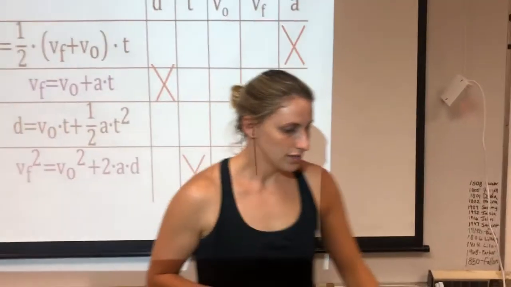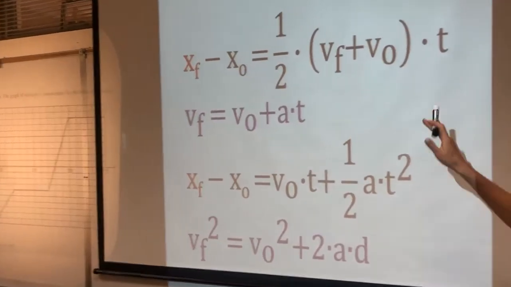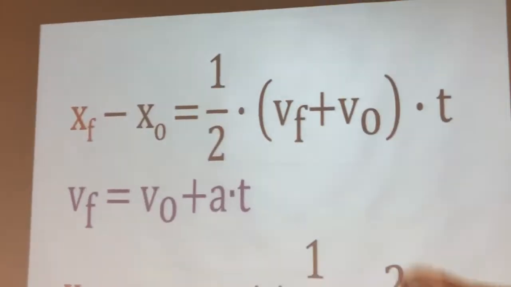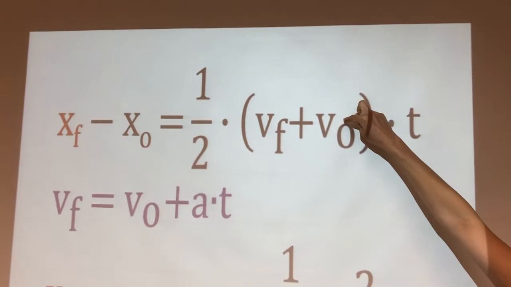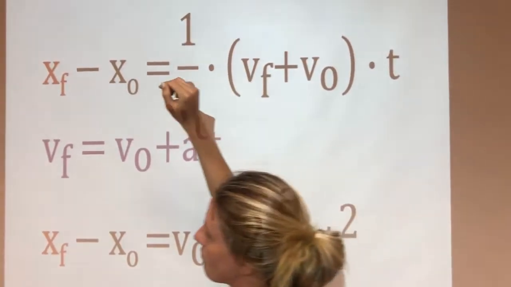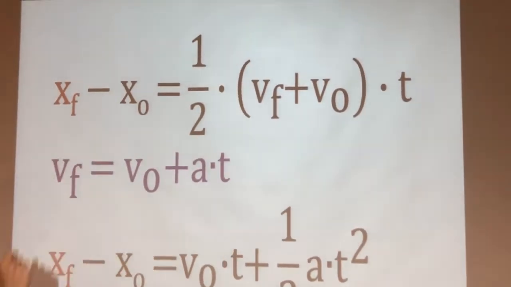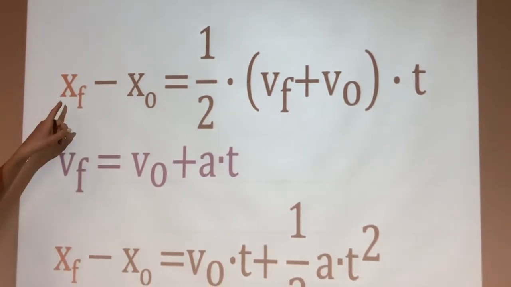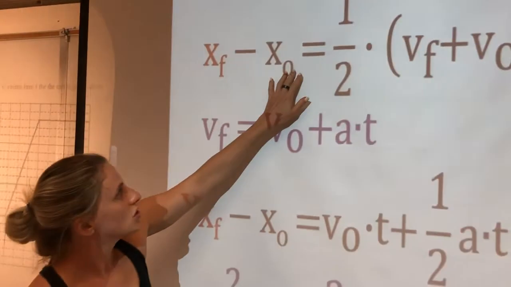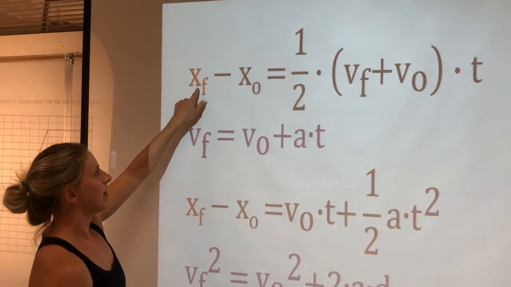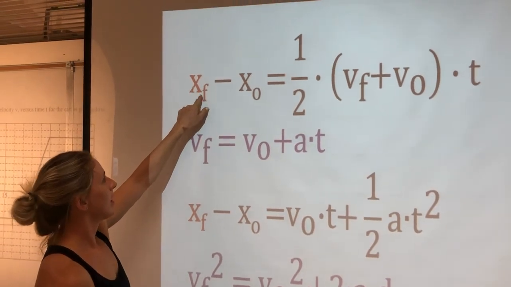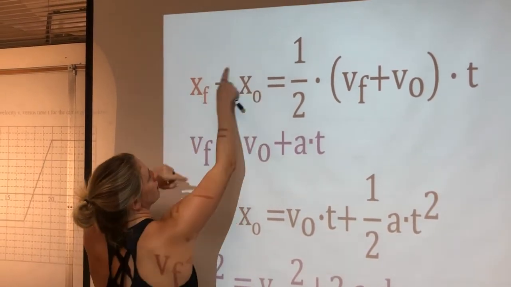So let's go ahead and take a look at our equations. I kind of laid them out here for you. Again, we are using this equation. However, if you think back to our equation for displacement, the equation is x final minus x initial. What we want to do is find x final. So if we want to get x final by itself, we have to get rid of this.